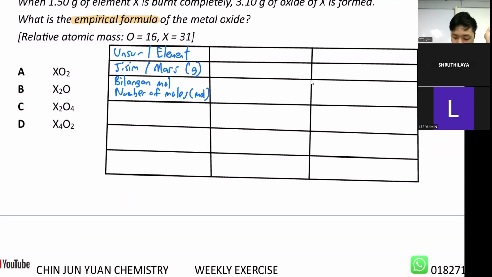Fourth is the ratio, the mole ratio. Fifth is the simplest ratio. Six, the empirical formula.